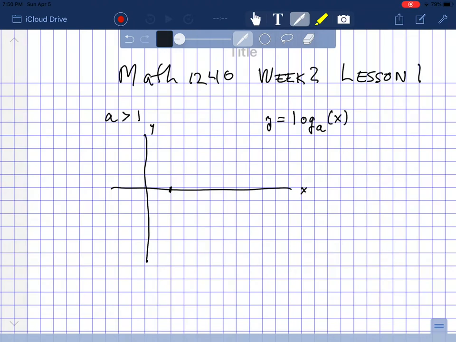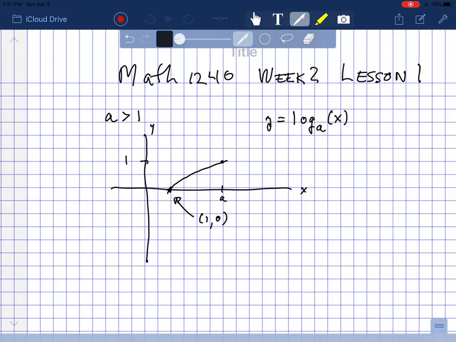Here's my x-axis, here's my y-axis, and we're going to look at the graph of the equation y equals the log base a of x. Here at the point x equals 1, we know the value of the log base a of 1 is 0. And we'll say that a is some point out here. Then the value of the log base a of a is equal to 1.